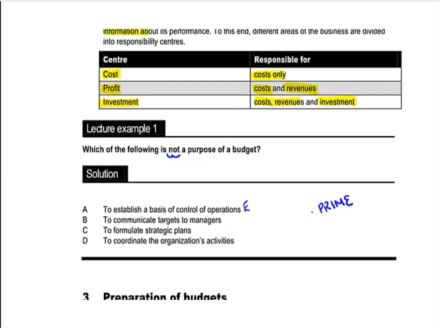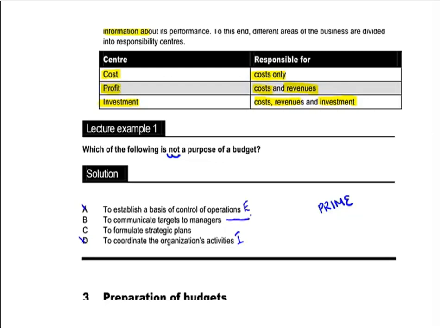If we're thinking then about coordination of activities, that's going to be I. So we can see that the answer then is not going to be A or D. So we're now left with B and C. Thinking about communicating our targets to managers and formulating strategic plans.